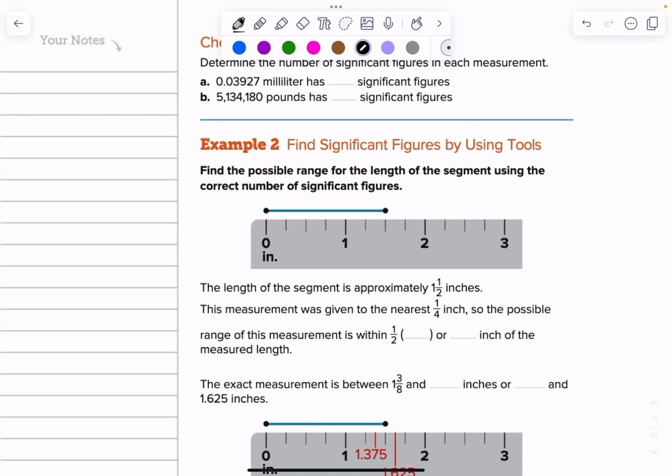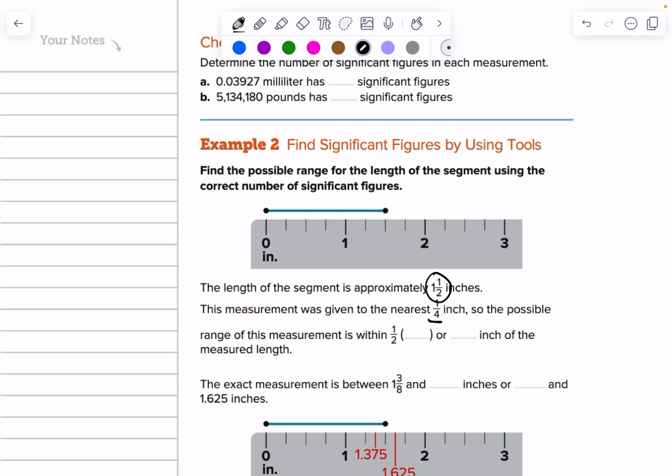All right, now it's going to get a little bit confusing to you, so make sure you're listening to this. Find the possible range for the length of the segment using the correct number of sig figs. So this measurement is at 1.5 inches, and it says this measurement is given to the nearest 1/4 of an inch. How do I know that?